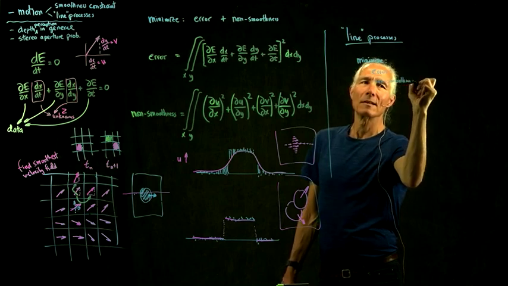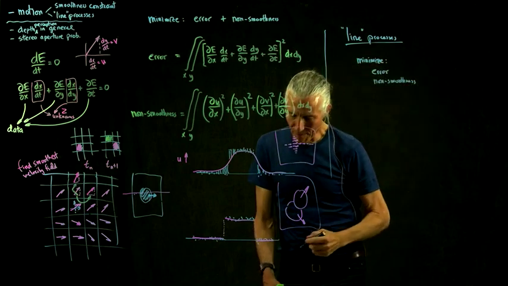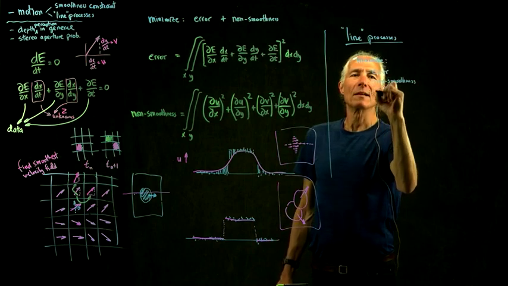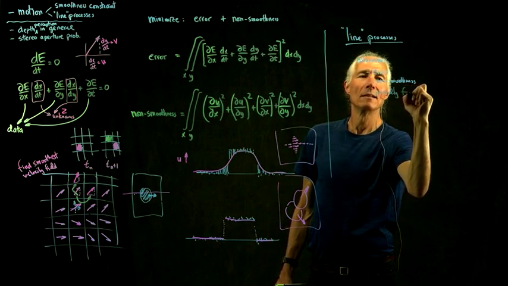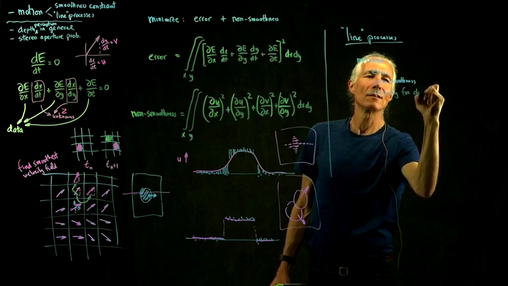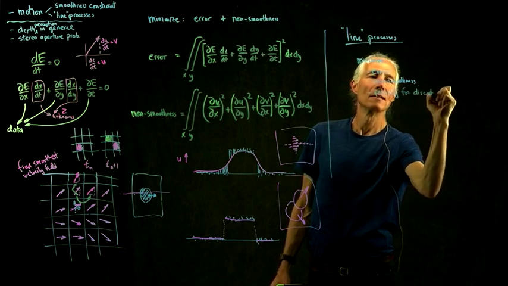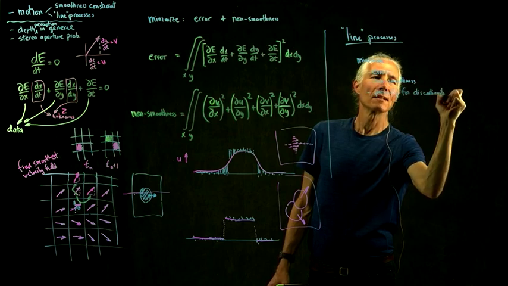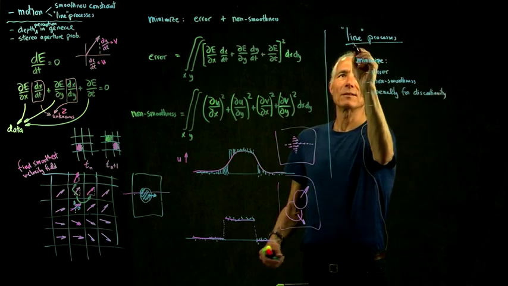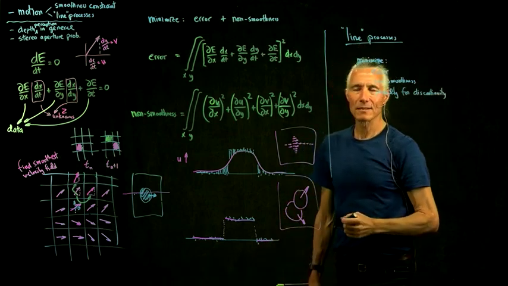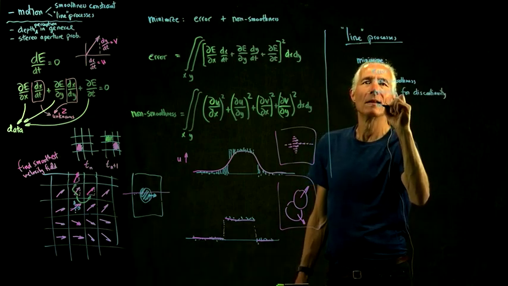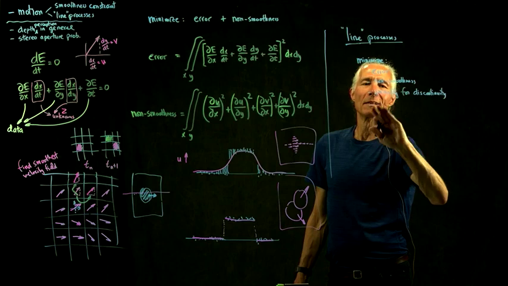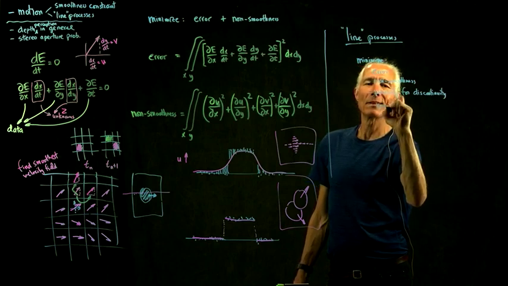And then we want to minimize a penalty for an edge, a penalty for a discontinuity. But then the fourth thing, which is why it's called a line process, is we want to minimize non-collinear.